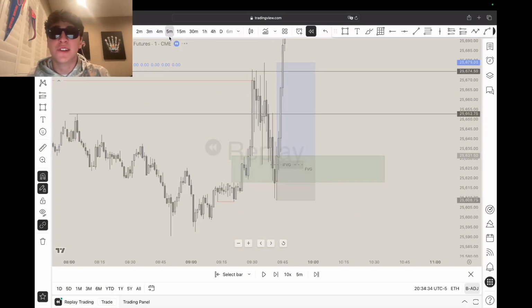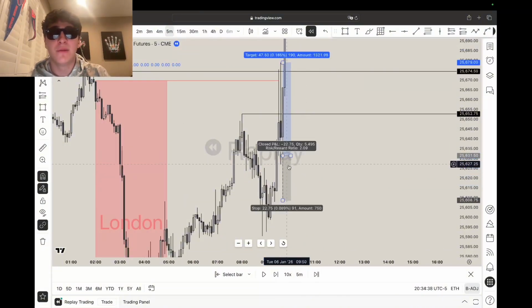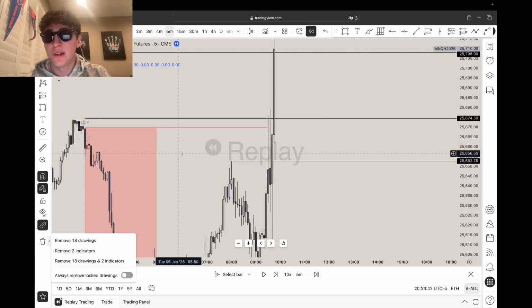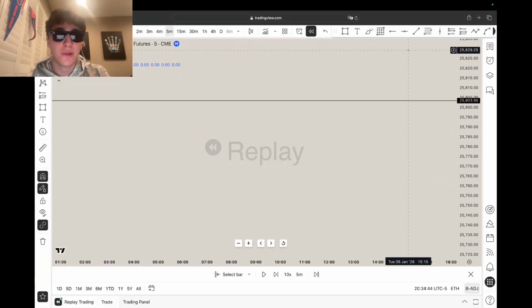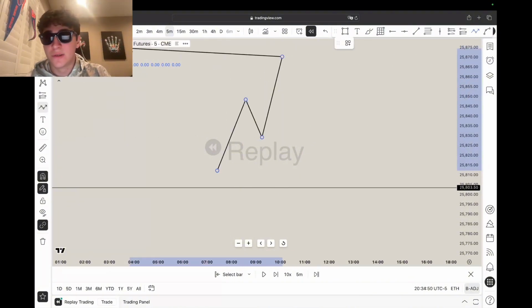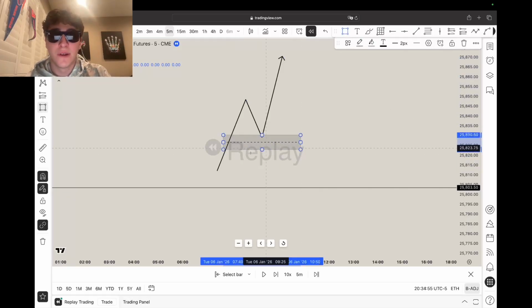You're pretty much using these fair value gaps as reasoning behind where price is going. The way we understand how price works, right? We go from fair value gaps, which would be internal range liquidity, to external range liquidity.